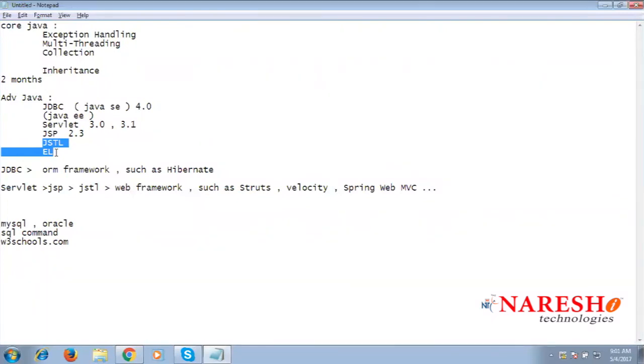Hibernate and JDBC as a combination have no space; there is no such position available where someone only knows JDBC and Hibernate. That is never possible. So you have to go through web technology as well as enterprise technology.